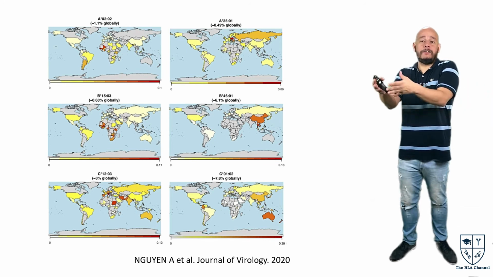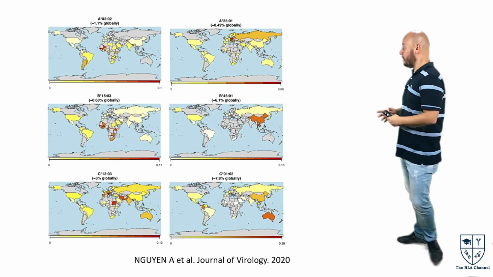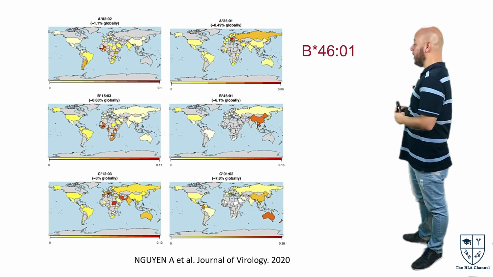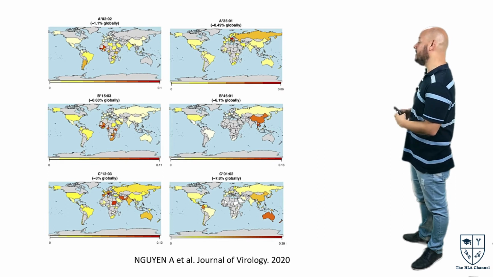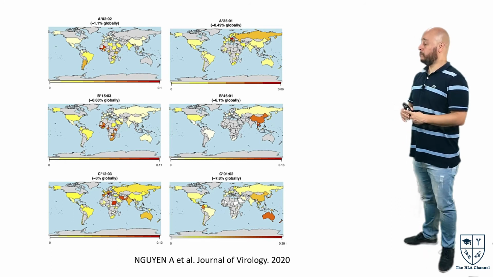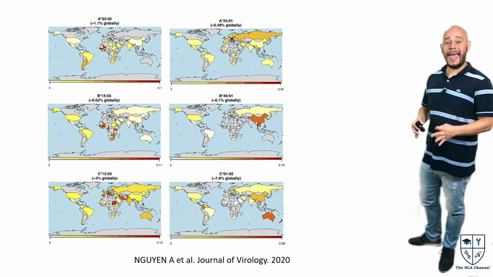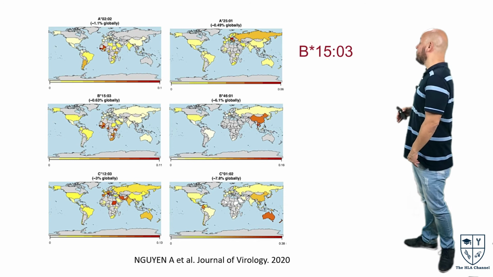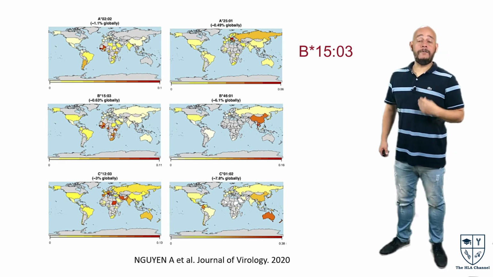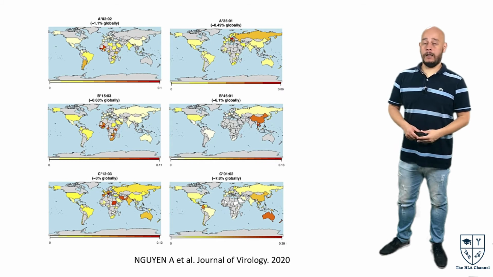So what they found was that the HLA-B*4601 allele could increase susceptibility to COVID-19 since this allele had fewer binding peptides predicted for SARS-CoV-2, and in contrast, HLA-B*1503 can provide protective immunity based on T cells.